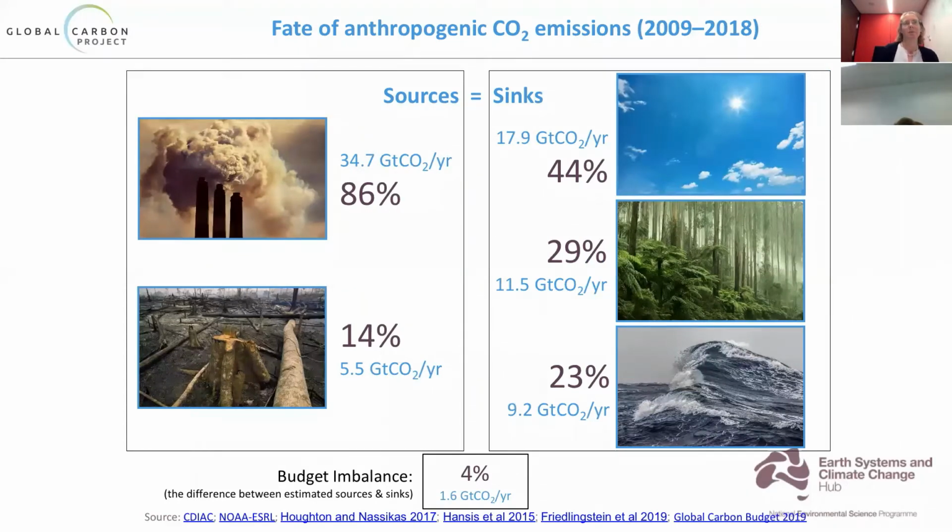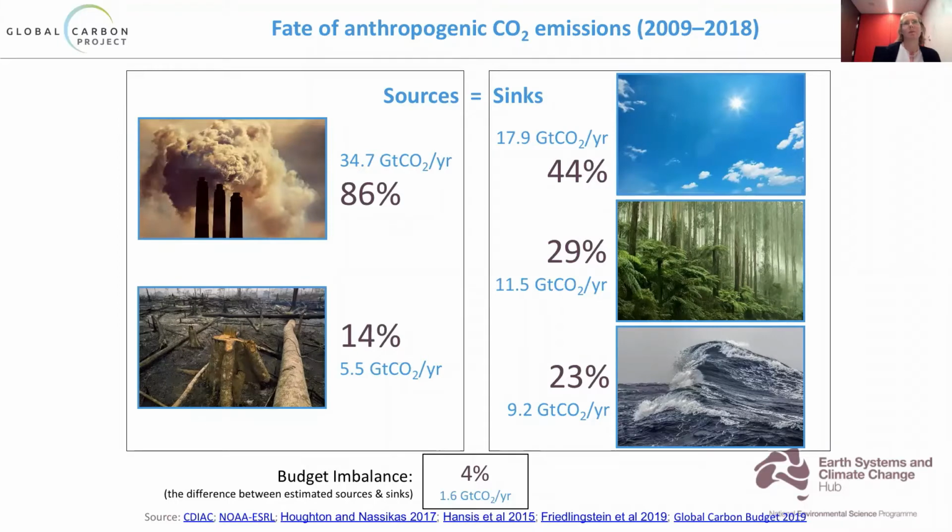So with a bit further breakdown now, within the Global Carbon Project, we quantify the sources and sinks every year, and this is a snapshot of the fate of the anthropogenic CO2 emissions for the last decade, 2009 to 2018.